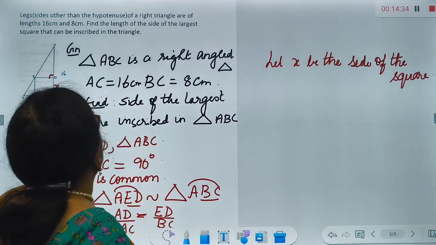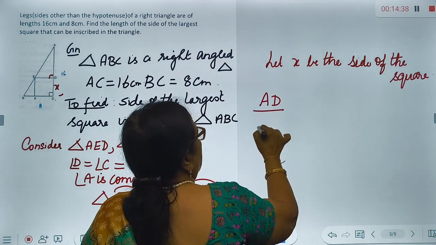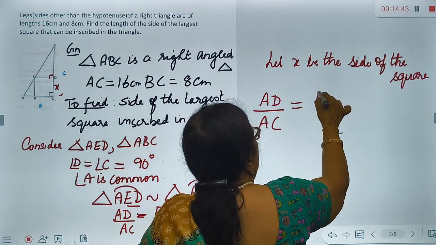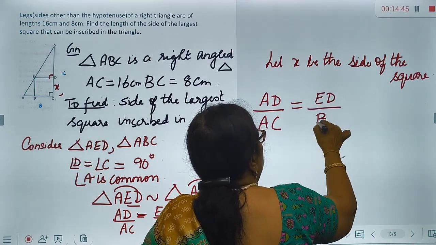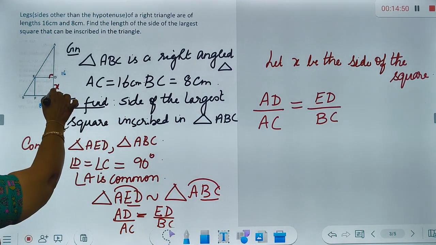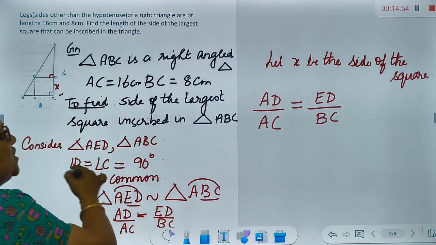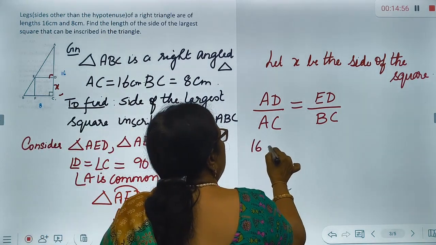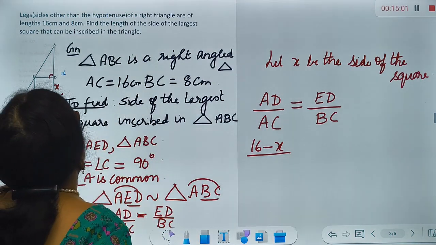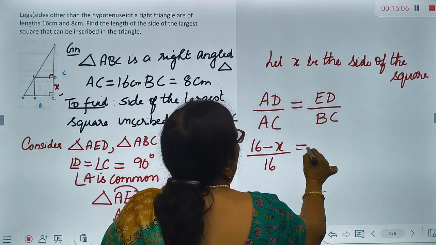Now if this is x and the whole thing is 16, this AD will be 16 minus x. So 16 minus x divided by AC, AC is 16, is equal to ED.